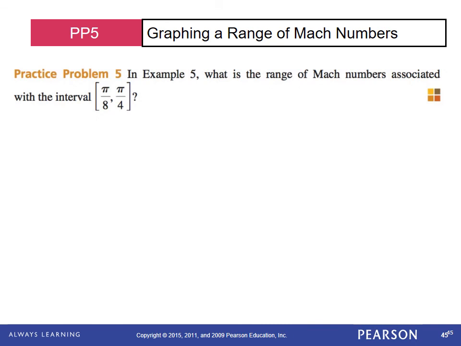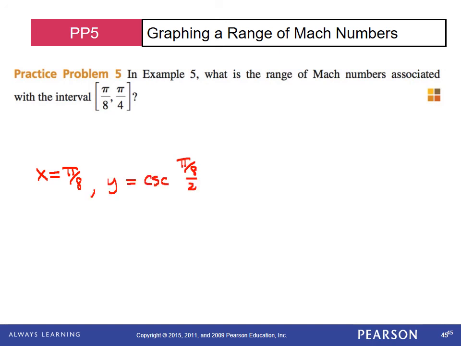All right, for our purposes, practice problem number 5, which is the last one for us, is we have x is equal to pi over 8, and we are told to figure out the range that corresponds to that.